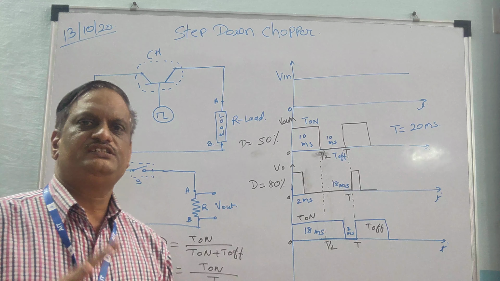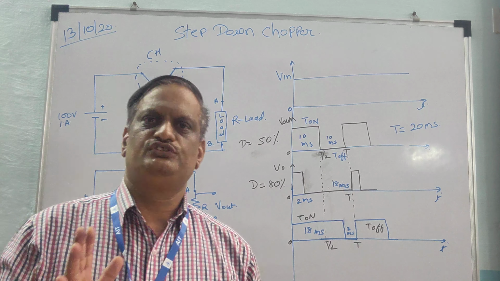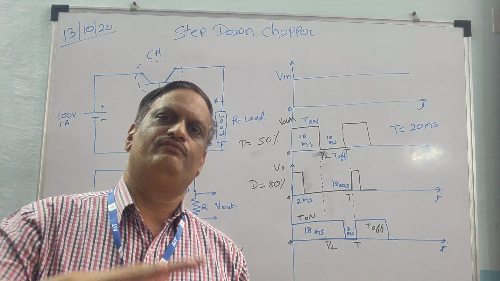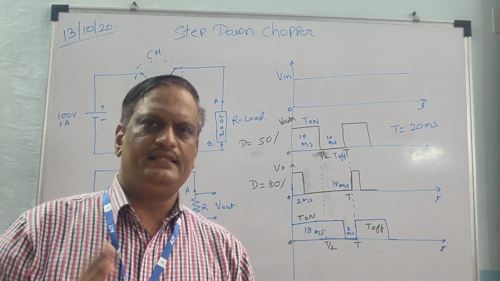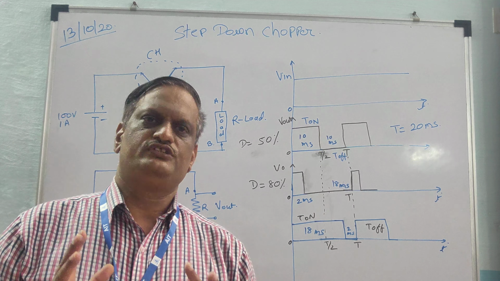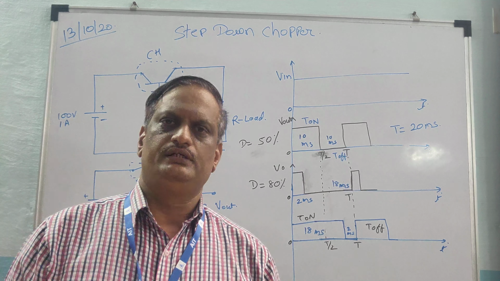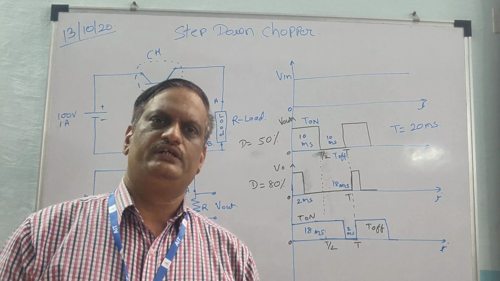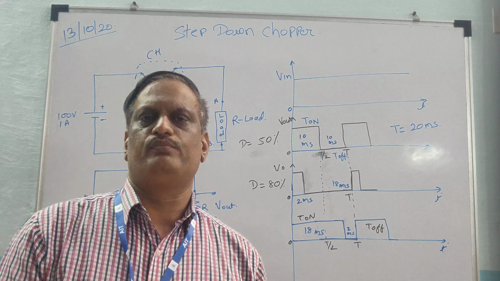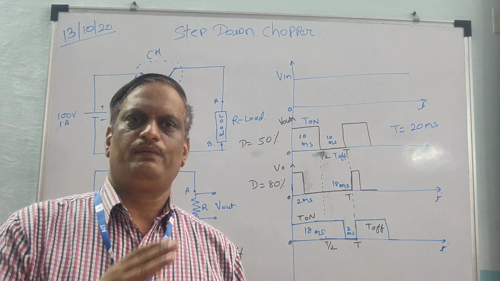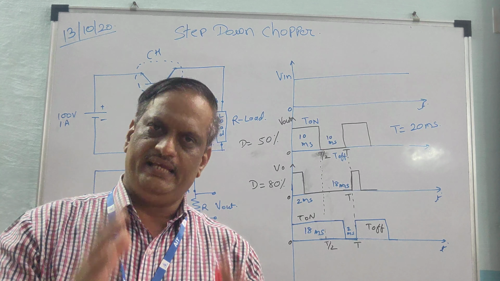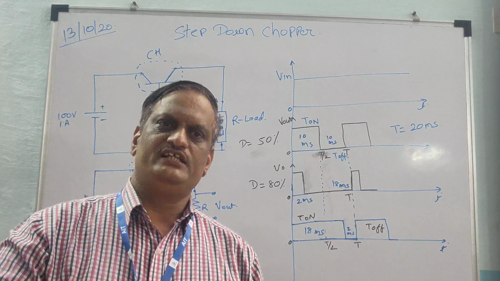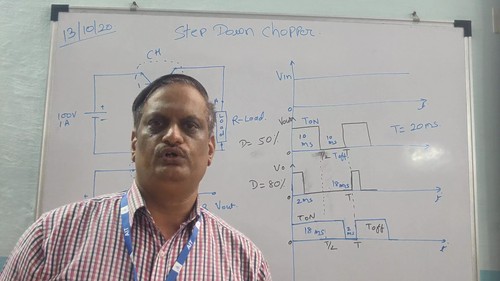So the chopper can be studied in two types. The first one is the step down chopper and the second one is the step up chopper. Suppose sometimes we want to step down the voltage and sometimes we want to step up the voltage, as we do in the transformer case. In a transformer, we step up and step down the AC voltage. But here we step up and step down the DC voltage.